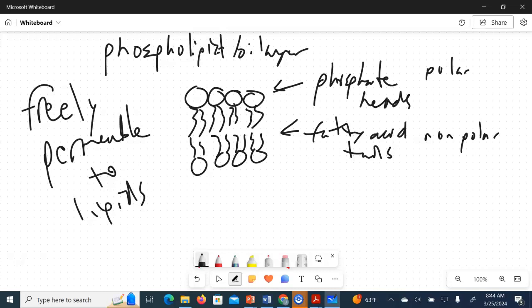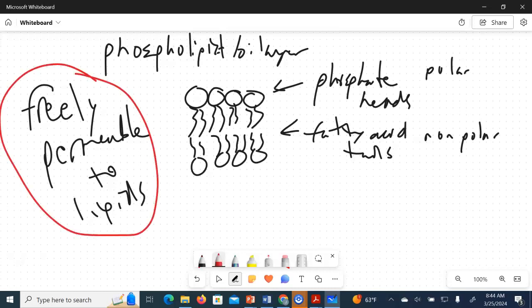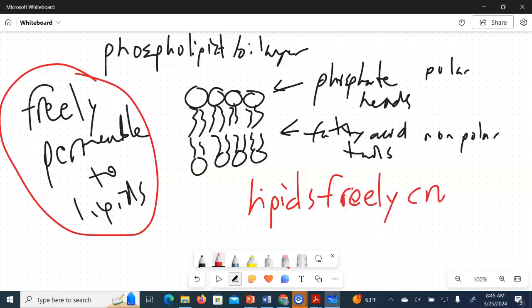Now this is a big thing here. Lipids freely cross the cell membrane. So lipids freely cross the membrane.